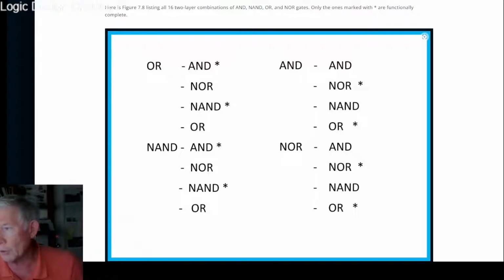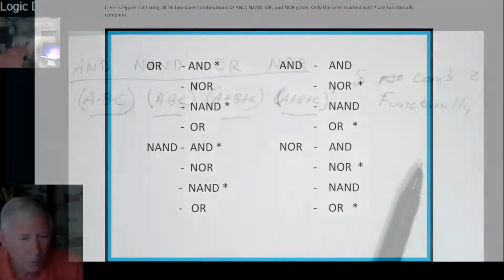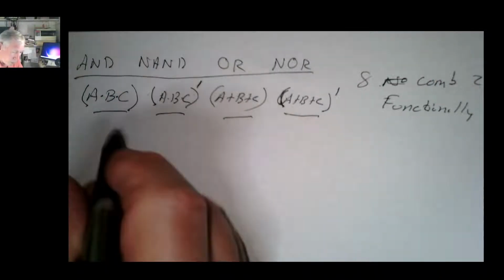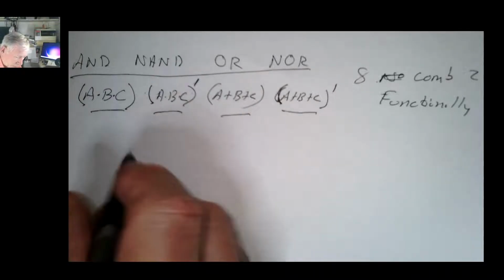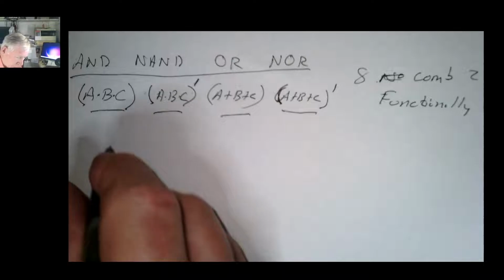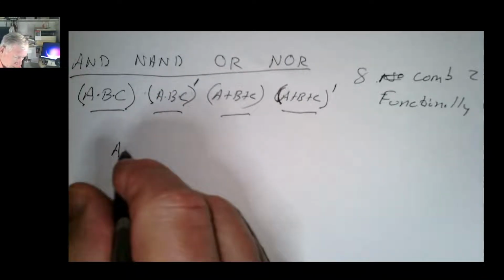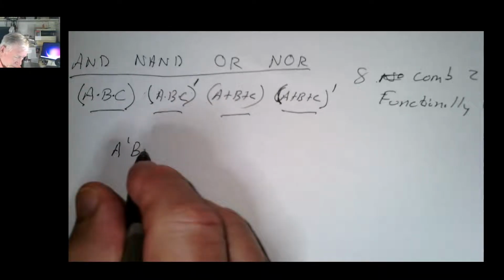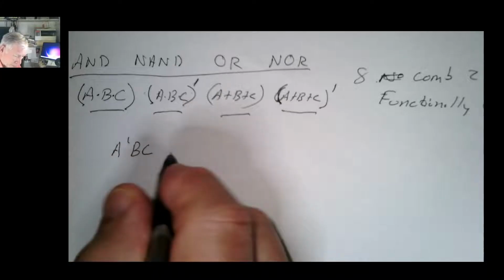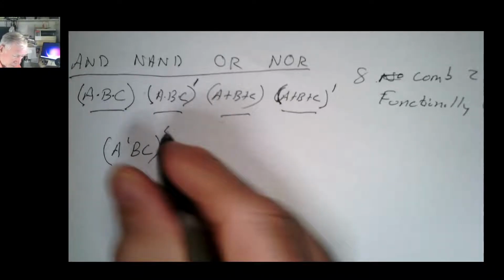It turns out it'll switch to an AND-OR form. All right, so let me switch back to my paper here. Maybe I'll just do a couple of variables. So NAND. So I'm going to do A prime, B, C. That's a NAND gate.